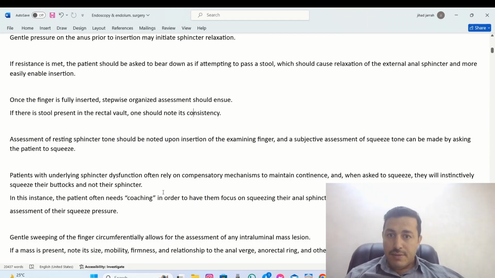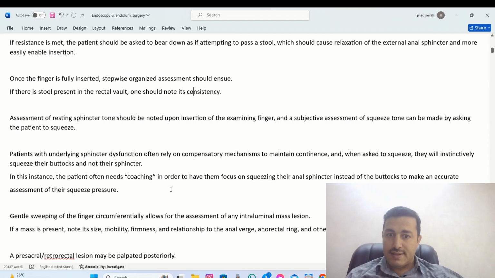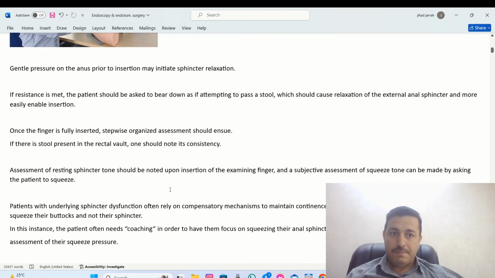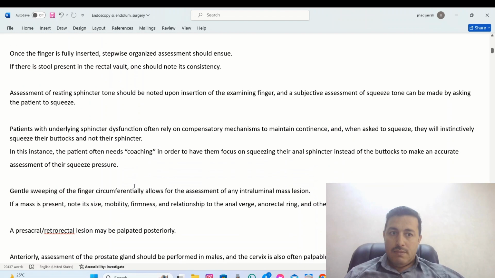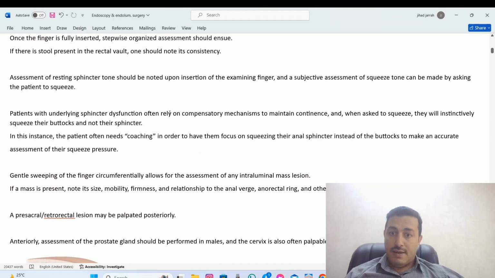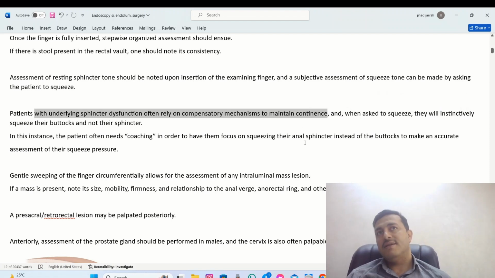Let me show you where it is here. You see here, a patient with an underlying sphincter dysfunction depends on a compensatory mechanism to maintain the continence, by squeezing their buttocks rather than the sphincter.